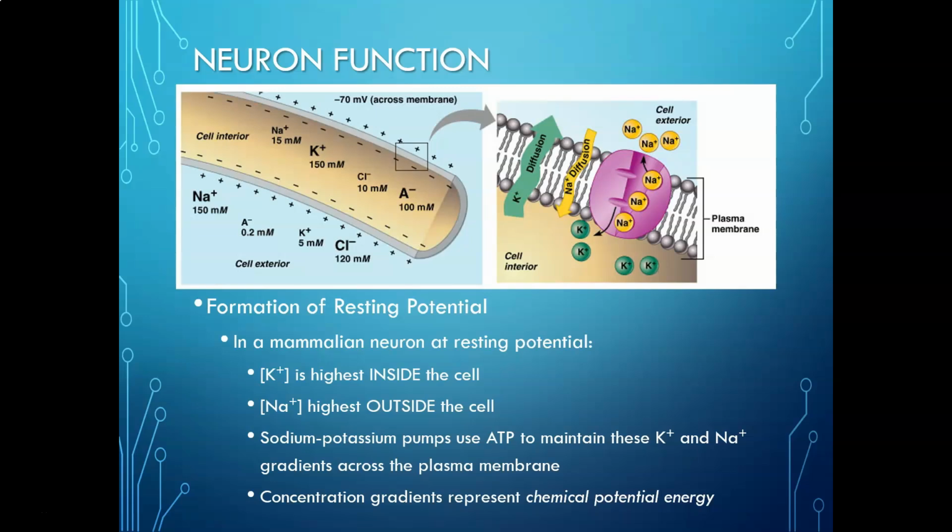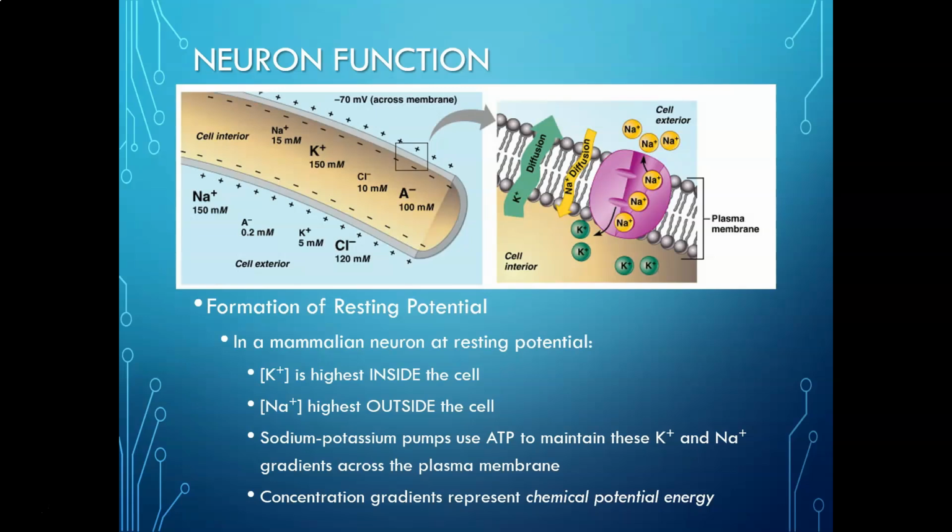This might sound familiar. We've talked about sodium potassium pumps before, and they are highly important in cells like your neurons. Why? Because they're going to be what allows us to set up the resting potentials and then eventually the signaling of information down those axons.